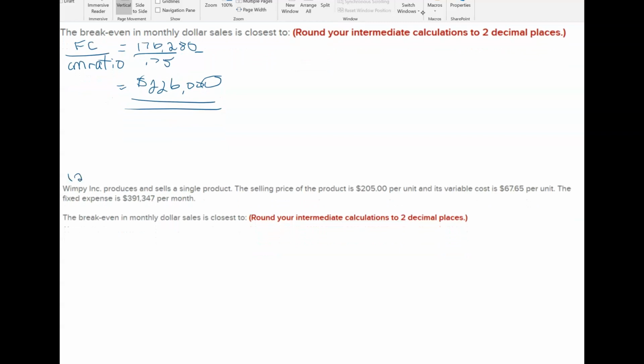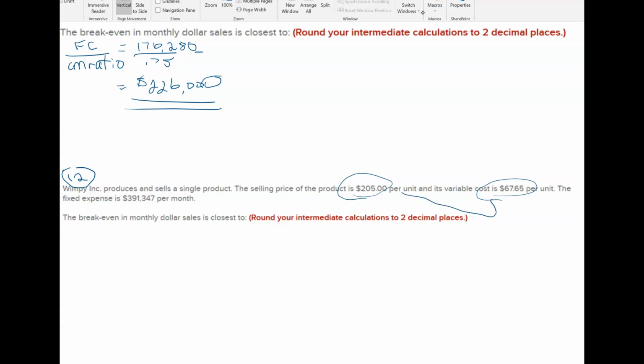Okay, number 12. Number 12 is asking the break-even in monthly dollar sales as well. And here we have a unit contribution margin. The selling price is 205. The variable cost is 67. Same thing, you need to subtract the two.